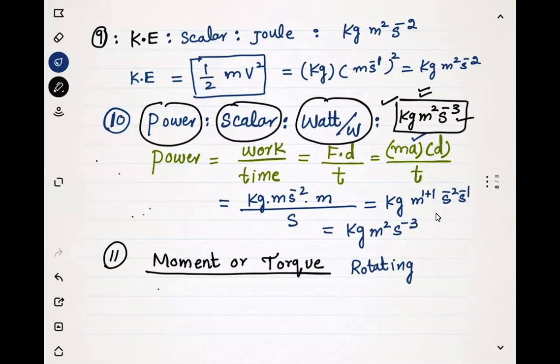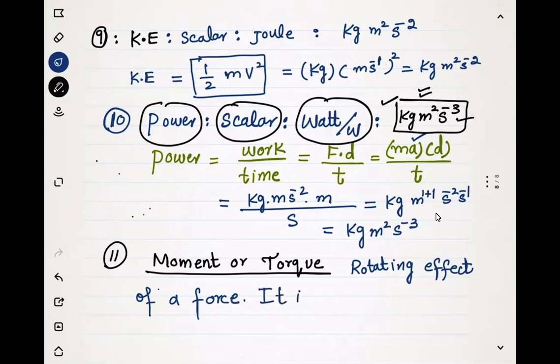For example, if an object is rotating with a constant speed, then its moment or torque is 0. The force that increases the rotational speed or decreases the rotational speed causes the moment, and the amount of moment can be measured as, it is basically the rotating effect of a force.